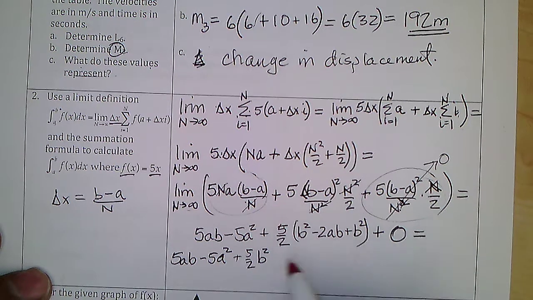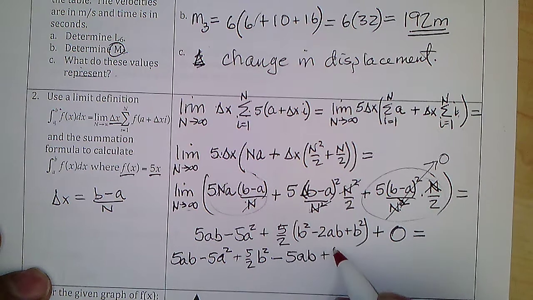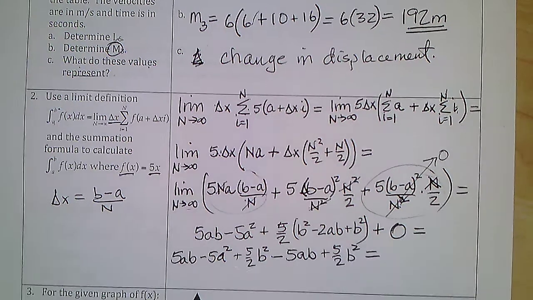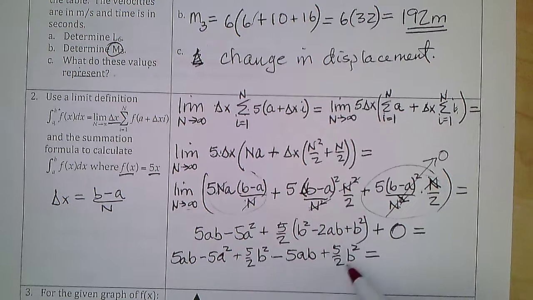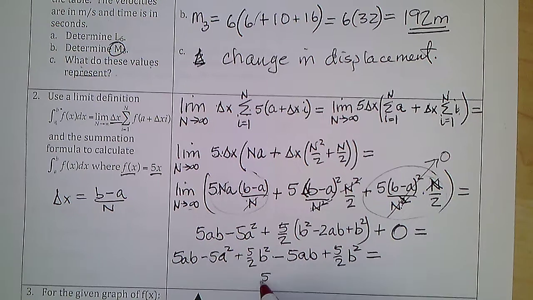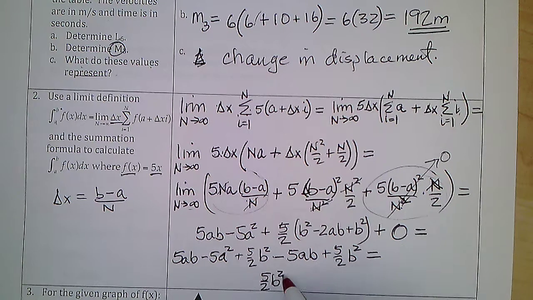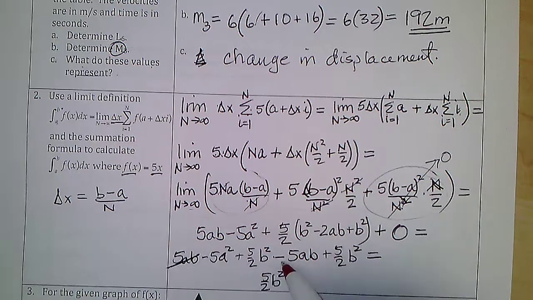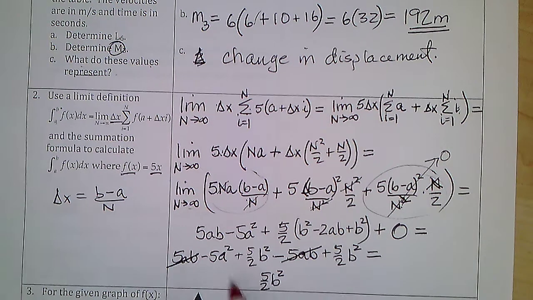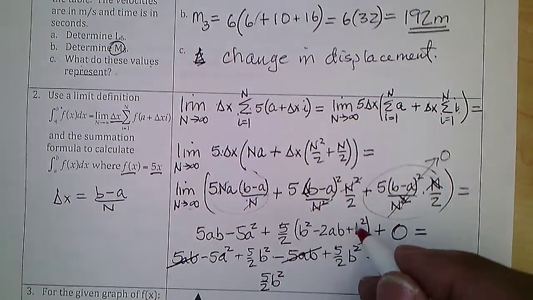5 halves times this would be just minus 5ab, and 5 halves times that is plus 5 halves b squared. So I got a positive 5 halves b squared. These two cancel, and I got a 2.5 a squared.